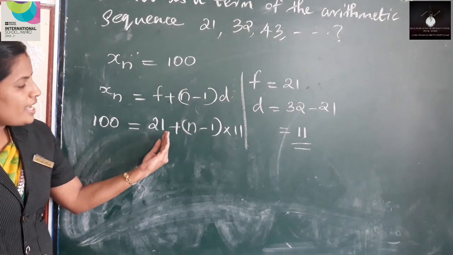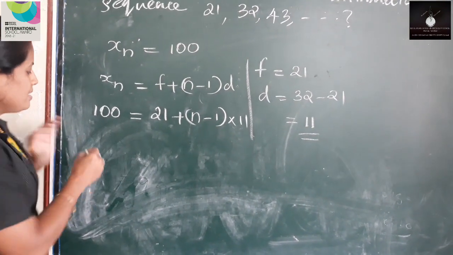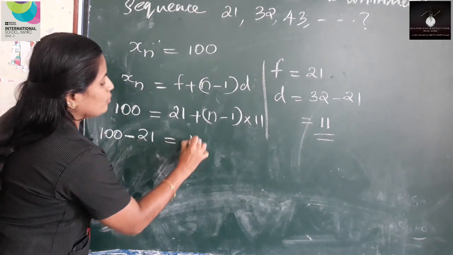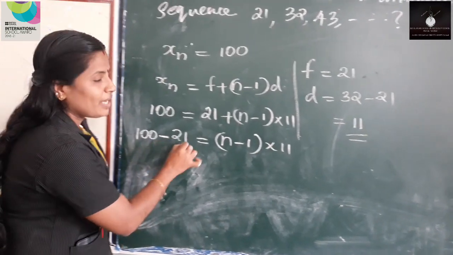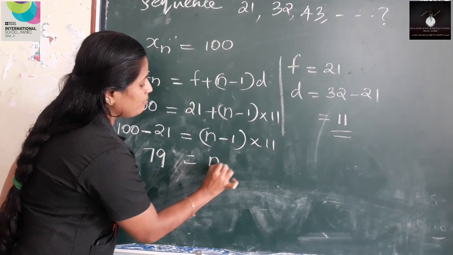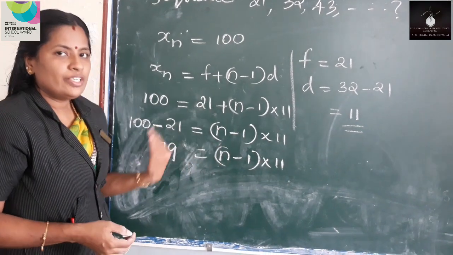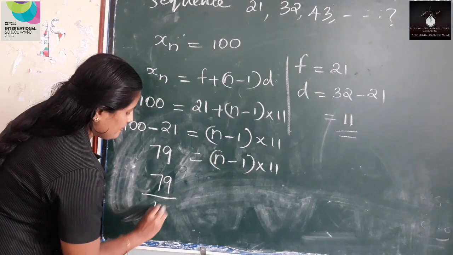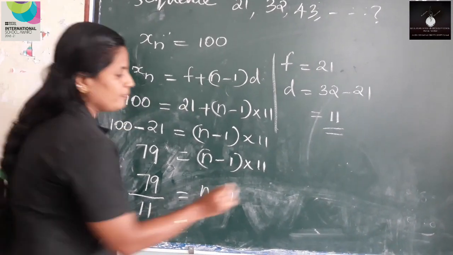Then when we change 21 to this side, reverse operation takes place. 100 minus 21 equal to n minus 1 into 11. 100 minus 21 is 79 equal to n minus 1 into 11. When we change 11 to this side, reverse operation takes place. 79 by 11 equal to n minus 1.